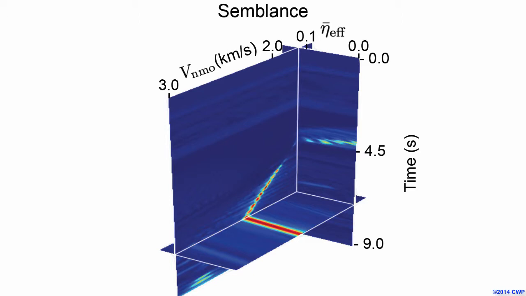So using dynamic programming, we can solve for optimal VNMO and eta subject to constraints on how fast VNMO and eta change with time. And I'll go over in a little more detail about those constraints.